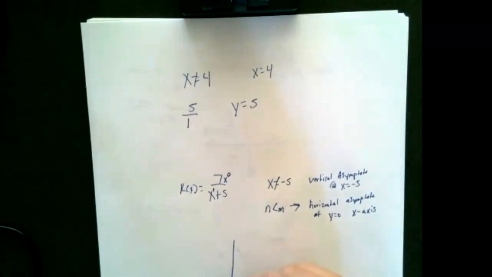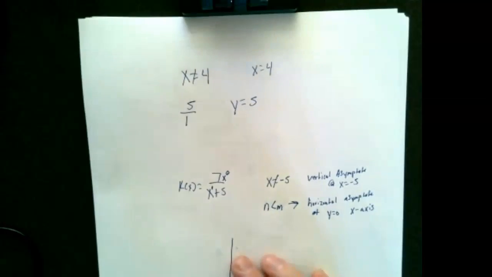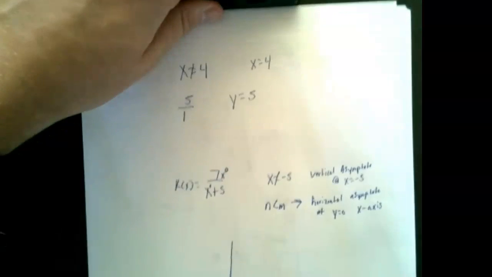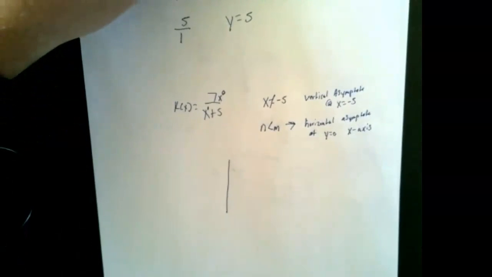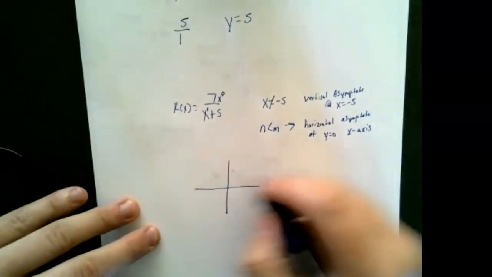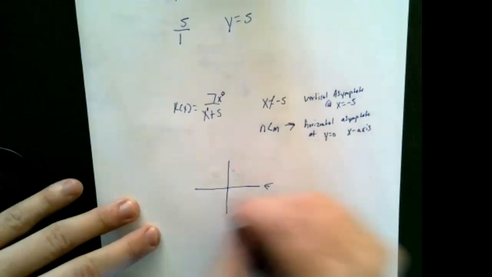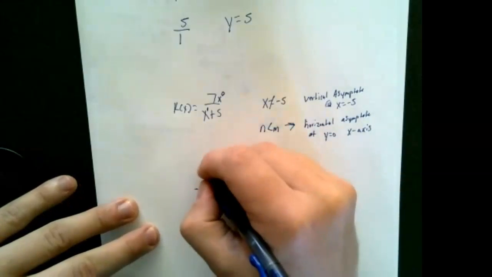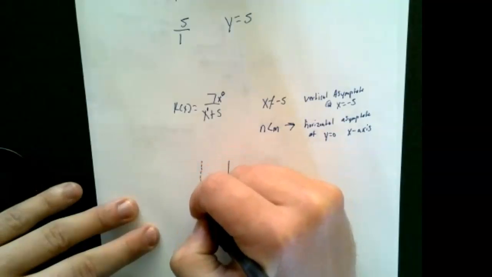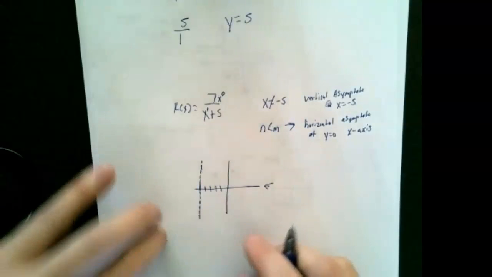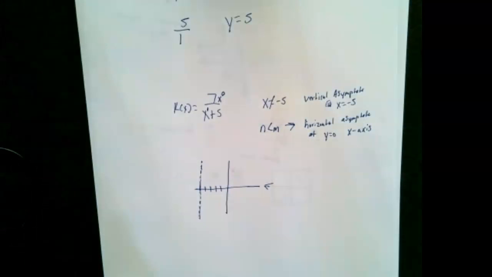Okay, so now we can finish off and graph this. So we got our y-axis, we got our x-axis. We know that this is a horizontal asymptote. 2, 3, 4, 5. We know that this is our vertical asymptote. A lot of our graphs are just going to be sketches.